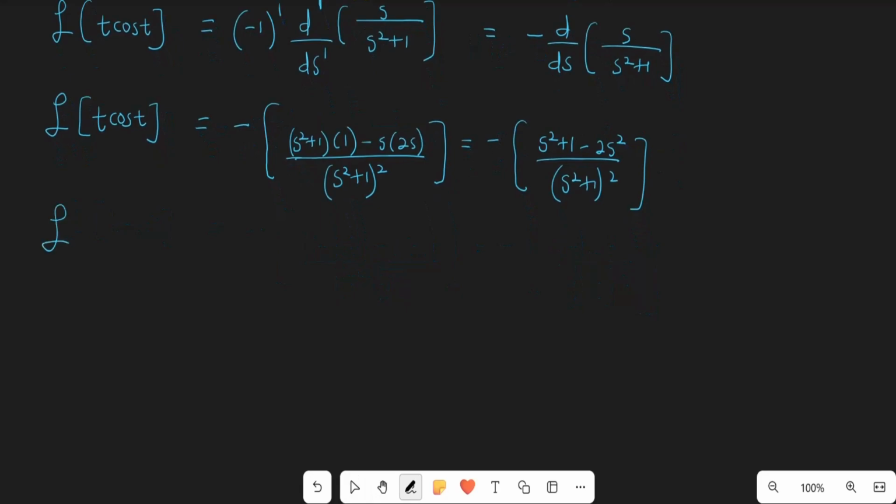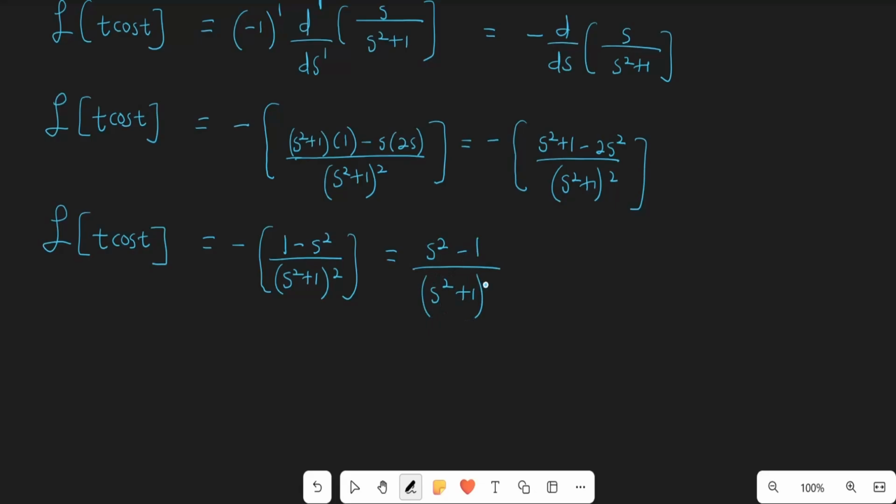Cool. So the Laplace transform of t multiplied by cosine of t is equal to negative into, now the numerator is going to simplify to 1 minus s squared, divided by s squared plus 1, all squared. But this negative is going to reverse the numerator, so that is going to be positive s squared minus 1 all over s squared plus 1 all squared.